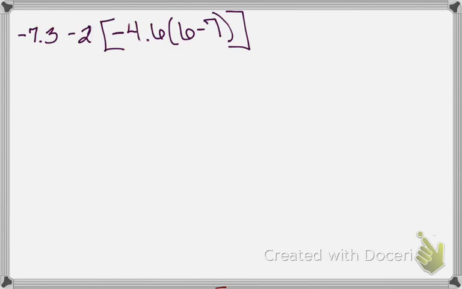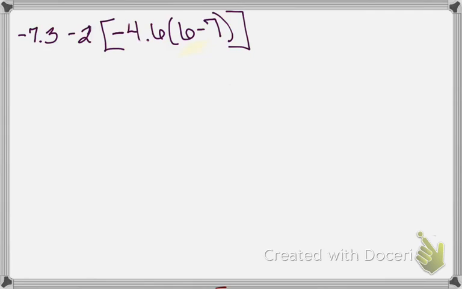Now, here we have two grouping symbols. I have negative 7.3 minus 2. Inside of brackets, I've got negative 4.6 times 6 minus 7. We are going to go to the innermost grouping symbol. Okay?